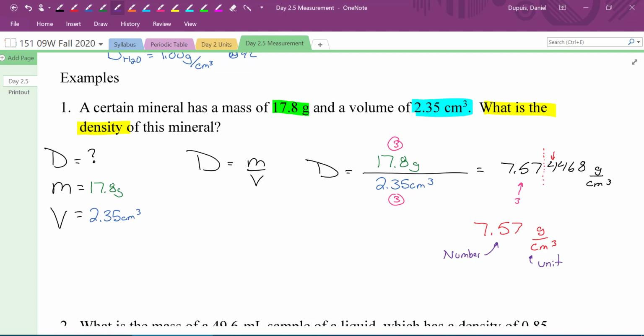Some of you guys have experienced this with the doctor's office. Maybe you talk to a doctor or nurse, and a prime example is blood pressure, 120 over 60 or whatever your blood pressure happens to be. What do those numbers mean? It's actually a pressure: 120 millimeters of mercury or torr over 60 millimeters of mercury or torr.